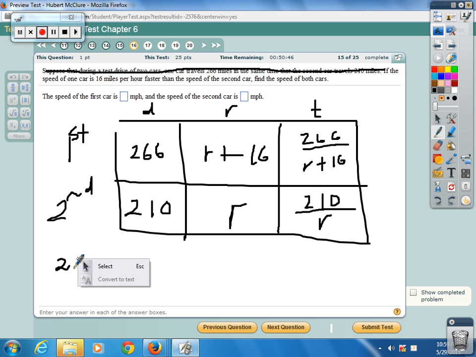We have all. 266. Oh, it's doing it again. Come on. Why is it doing it? Try again. $266 over R plus 16 is equal to 210.